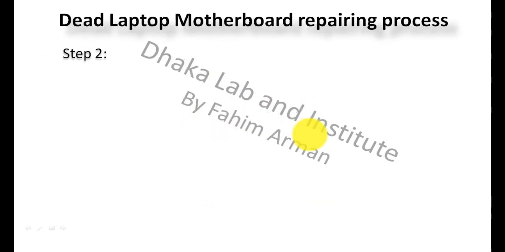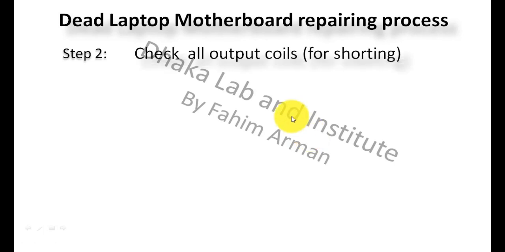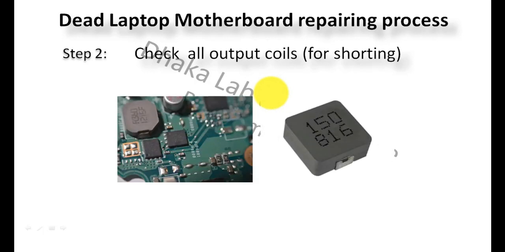Step 2. First, disassemble your laptop and bring your motherboard to your table. Check all output coils for shorting. You may ask how to check: keep the multimeter in the diode point, keep your red probe in ground and place your black probe to all the coils' side ports.